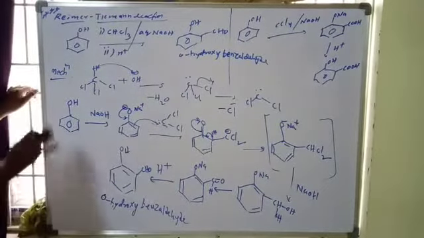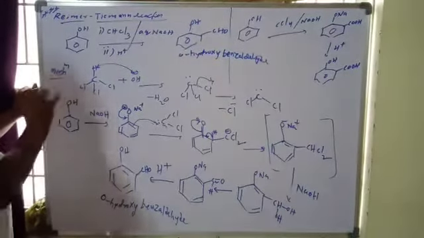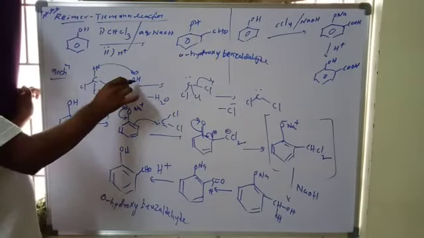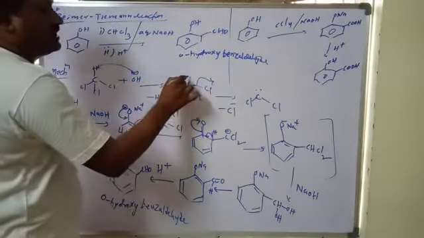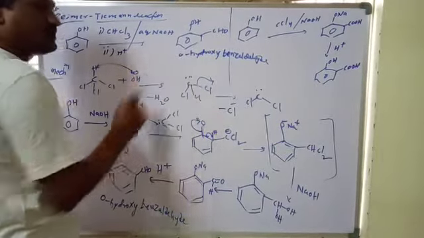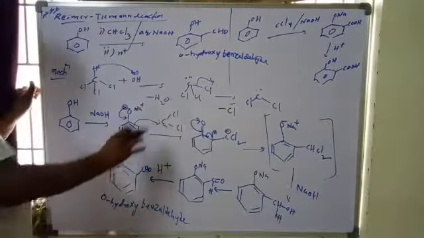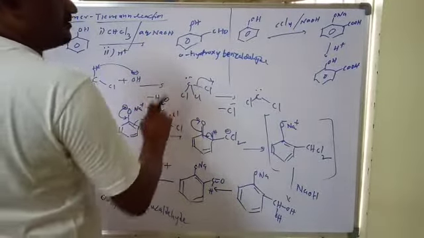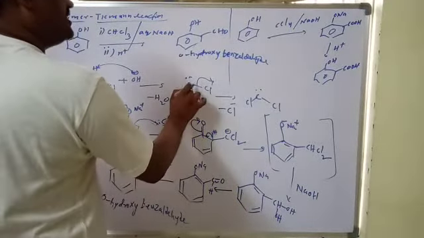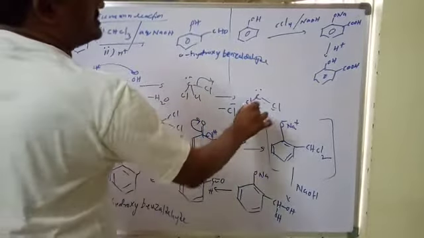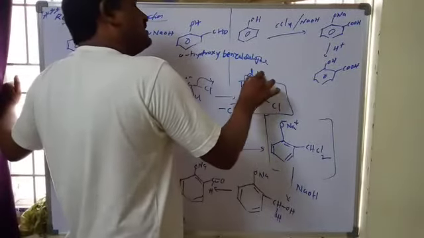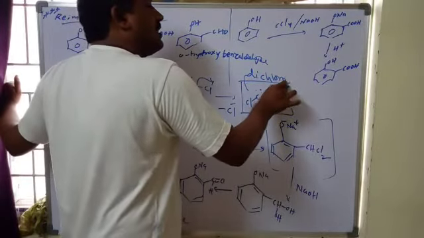Now the mechanism. First, in the chloroform, the acidic hydrogen is attacked by the base and forms the trichloromethane carbanion. Then chlorine is eliminated, and the intermediate is dichlorocarbene.